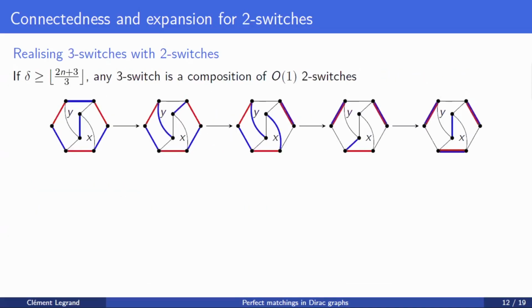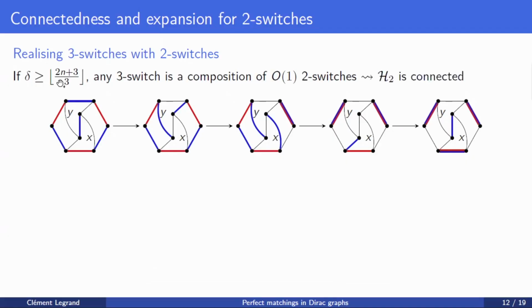Okay. So to get from 3 switches to 2 switches, we do the exact same thing. We take some alternating cycle of length 6, sorry, and then we're trying to find this configuration inside, and if we have it, we're happy because we can simulate some 3 switch with a sequence of 2 switches. The problem is that to find this configuration, we need that the minimum degree is at least this quantity, so 2/3.